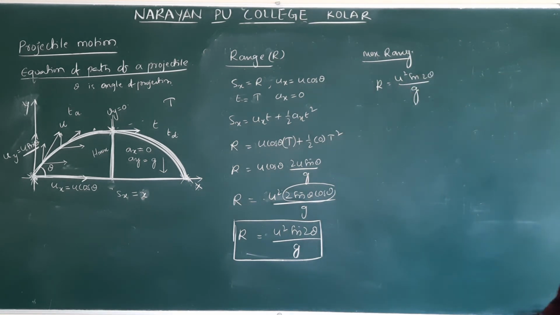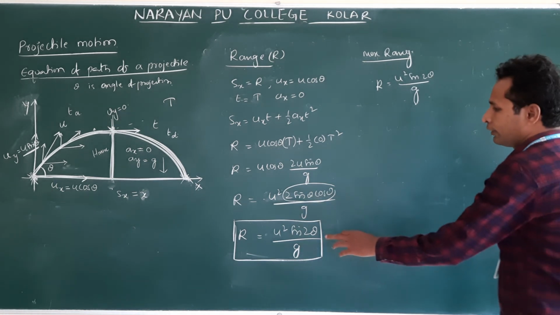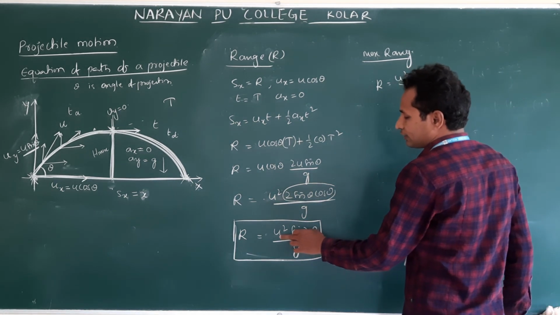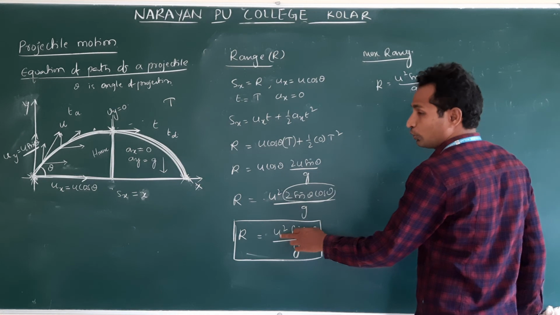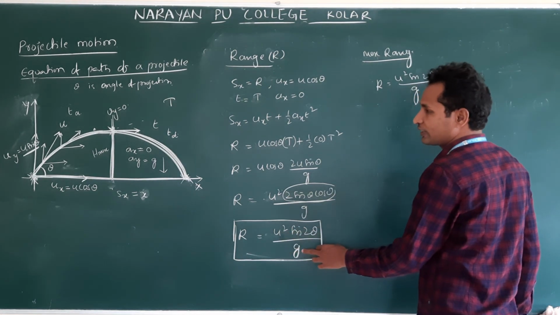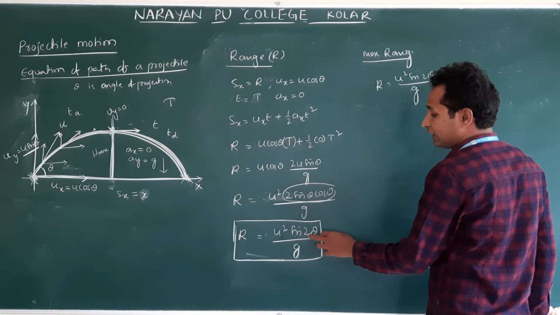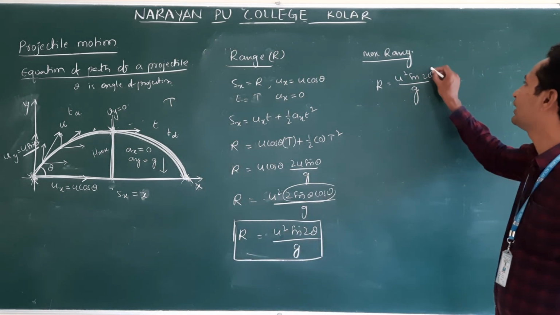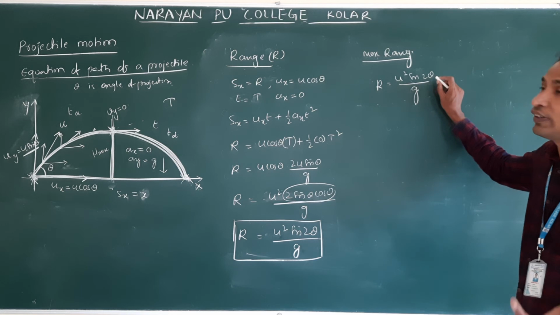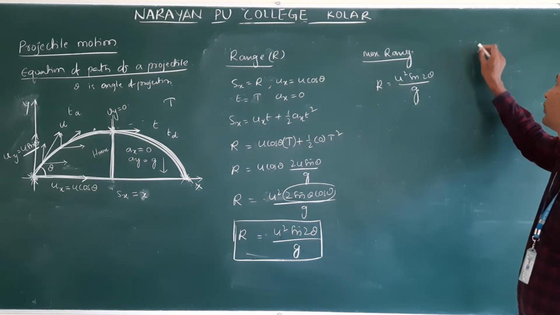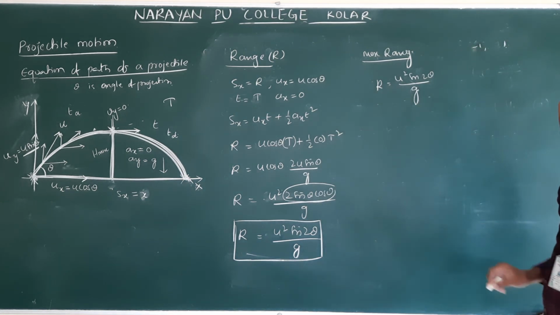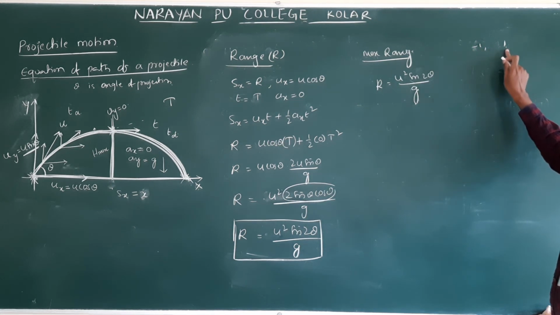For a point of projection, once we projected, u remains constant, g remains constant, which can be varied. For given values of u and g, we can vary theta. For which value is sin theta maximum, and sin values vary from of course, minus 1 to plus 1. Minus 1 we do not consider, we will consider plus 1.